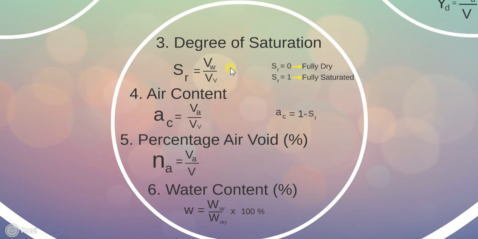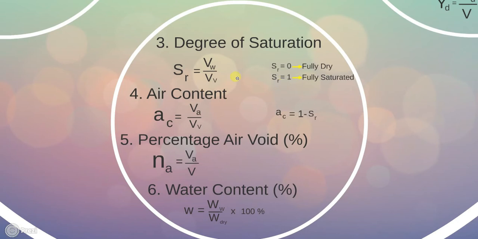When the soil is fully saturated, air will be absent because the soil is full of water. Voids will be full of water, so Vw upon Vw, Sr will be 1. So we can say the soil is fully saturated. Or vice versa, if the soil is fully saturated, we can tell that Sr is equal to 1.